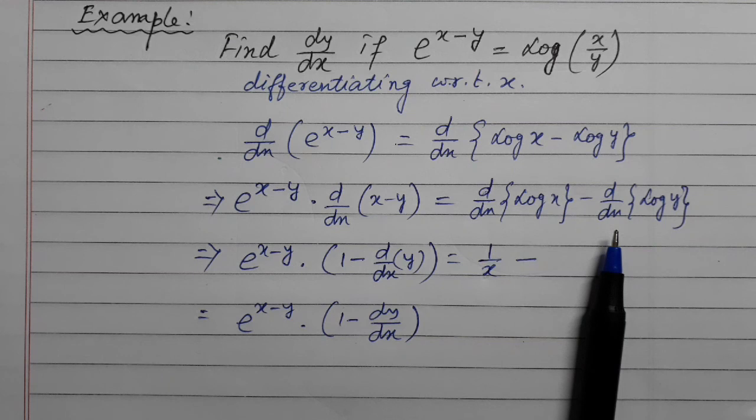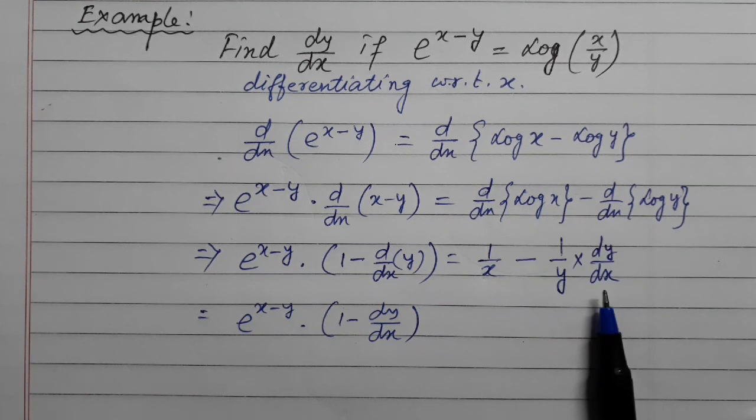Here we are differentiating a function of y with respect to x, so it will be the differentiation of log y with respect to y first, which is 1 by y, into dy/dx.